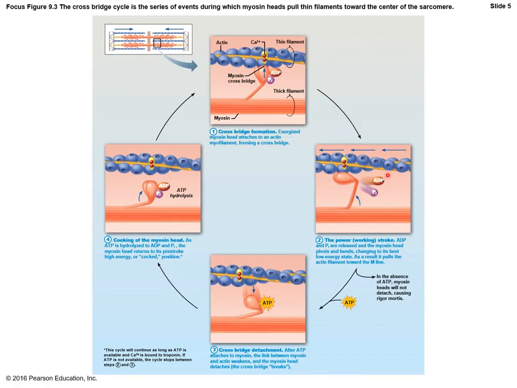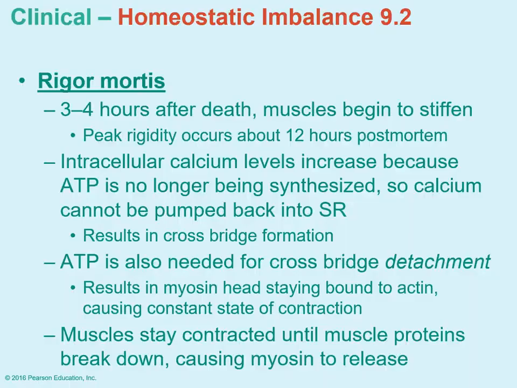Bind to it, pull. So if you were to look ahead, if it initially bound here and pulled, released, attach, pull, release, attach, pull, release, attach, it is sliding the blue filament from right to left in this case.